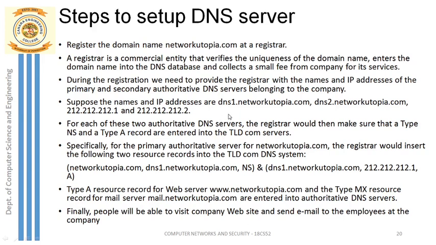Which DNS server name? The primary DNS server name, that is DNS1.networkutopia.com, and what should be the type? Type NS only. And if it is type A record, the first part is DNS1.networkutopia.com. From the first part, it has just now obtained the answer, the DNS server's name.